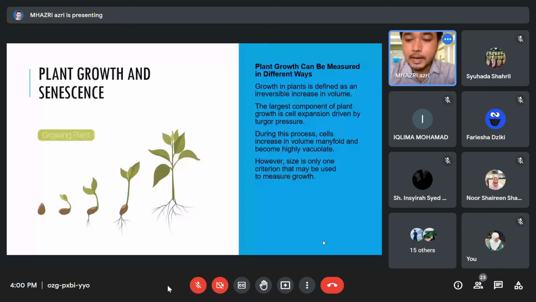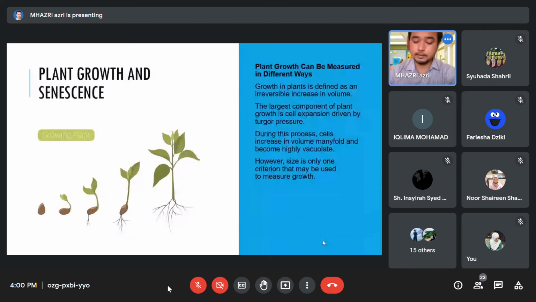However, size is not the only criterion that may be used to measure growth. Okay, if we measure the volume, we only measure the size. Sometimes a plant can increase its growth without increasing its size.